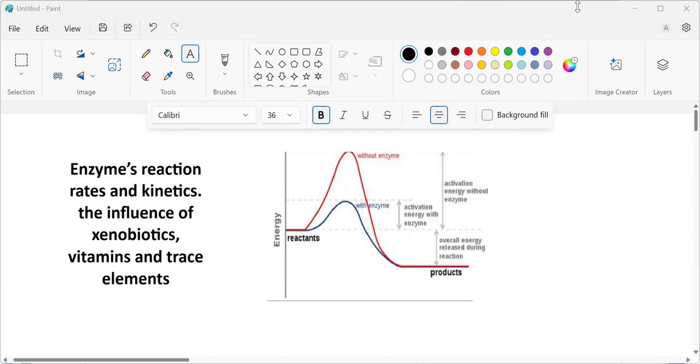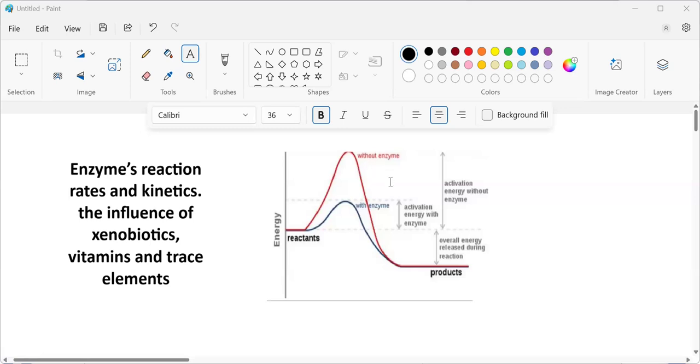So the rate of enzyme reactions is measured by the amount of substrate that is changed, or the amount of product that is formed during a period of time. The rate is determined by measuring the slope of the tangent to the curve in the initial stage of the reaction, like in this picture.